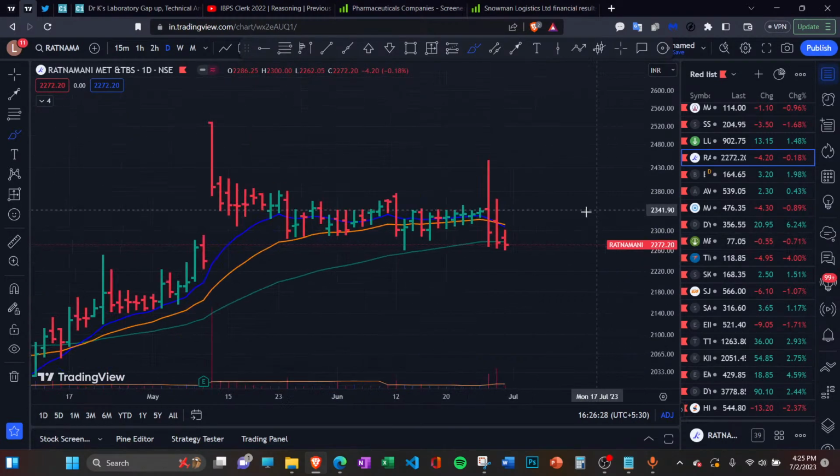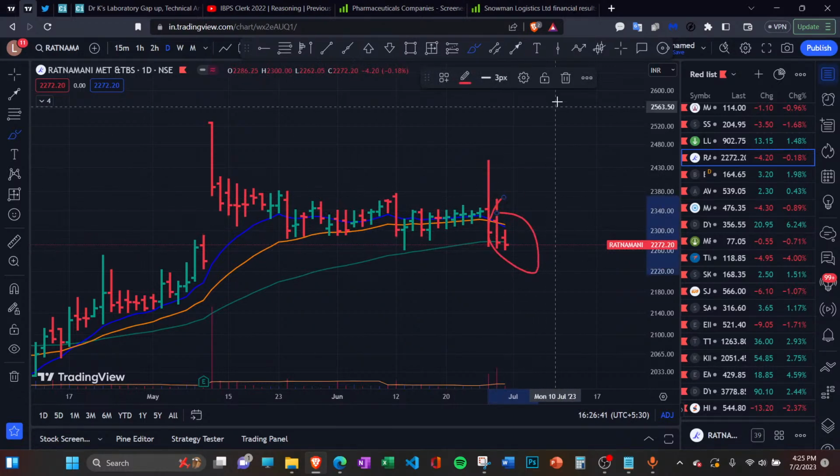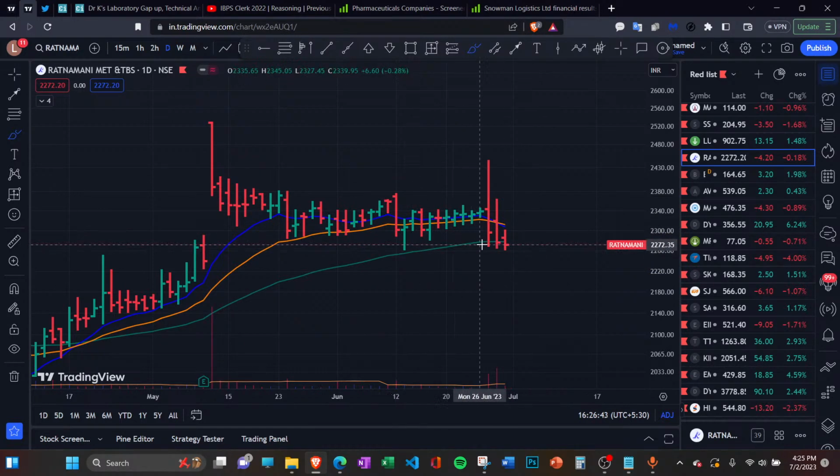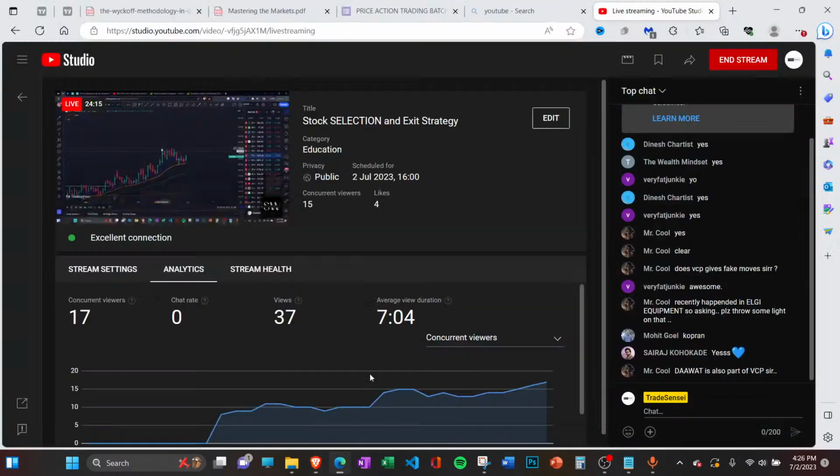My bias was clearly on the upside, and this candle is a very good fake out, because during the day it went as high as 24.49, but it closed at 22.96, and after that there were two follow-up down moves. Now it's breaking the 50-day moving average. So this could also happen. That's why, whenever you're trading these kinds of setups, your stop loss level should be on the tighter side.